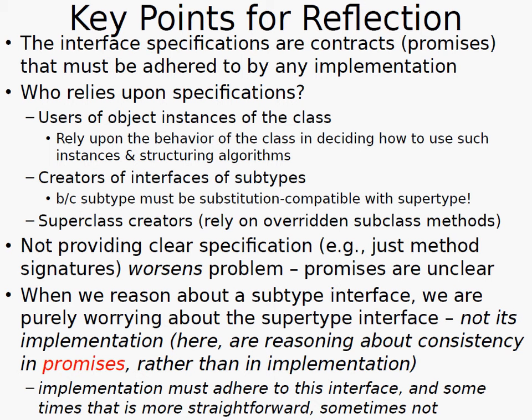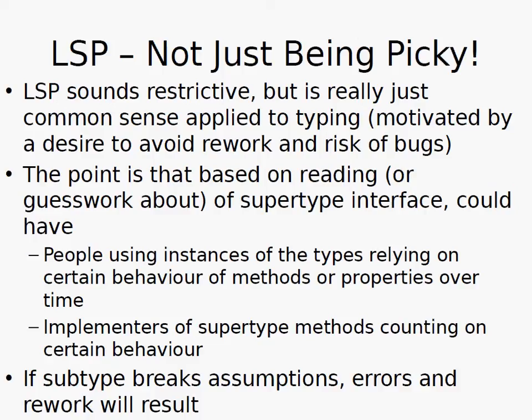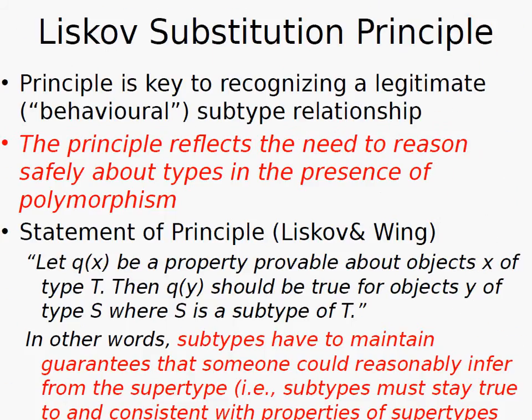So here, we're worrying about the promises made by the subtype, the promises made by the FedEx franchise, in its relationship to the promises of the supertype, the promises of FedEx. That's what we're thinking about, right? What are the promises being made?